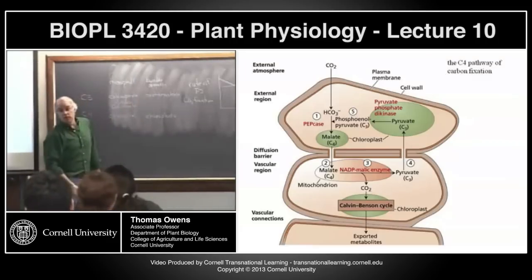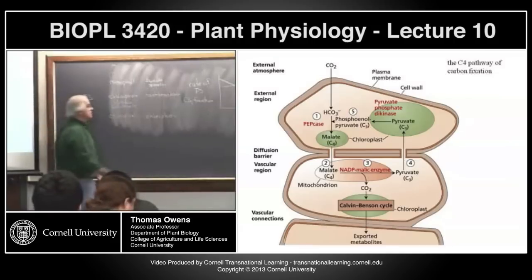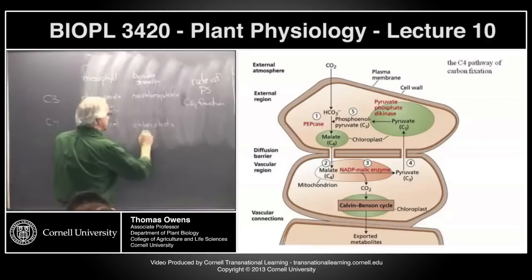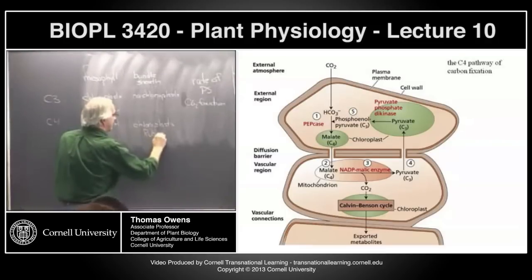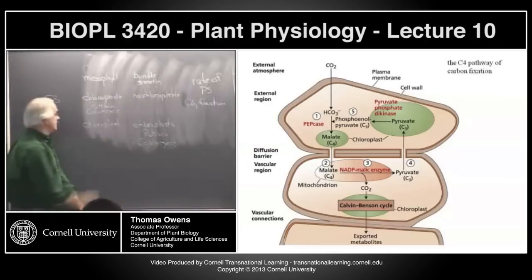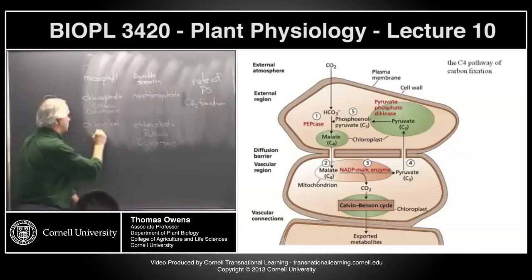Obviously, in the bundle sheath there's no chloroplast, so it's not there. In C4 plants, Rubisco and the Calvin cycle is only in the bundle sheath cells. In the mesophyll cells, there's no Rubisco and no Calvin cycle.